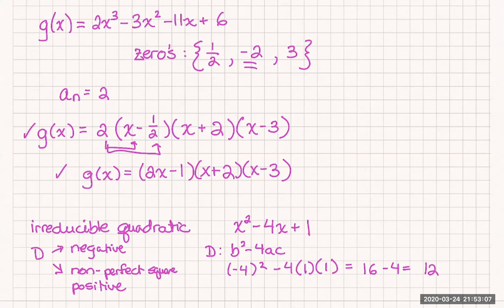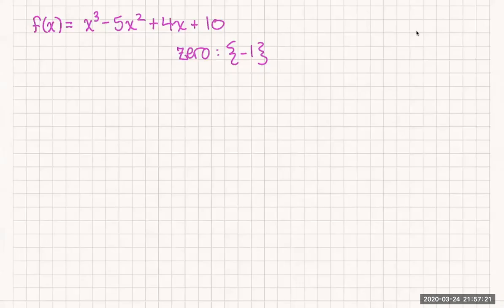So how are we going to use this fact? So let's take, for example, a situation like this. I want you to rewrite this as a product of factors, okay? And make sure that you write them as linear factors or irreducible quadratics. Well, I'm given that the zero is -1. Now, I know from my fundamental theorem of algebra that since the degree of this polynomial is 3, I have one of 3 situations.